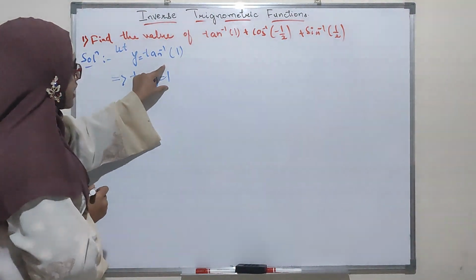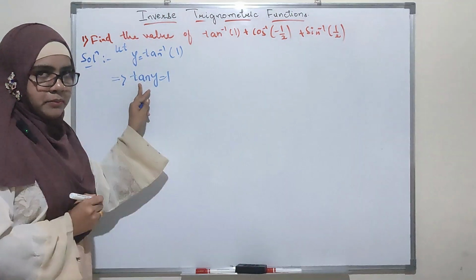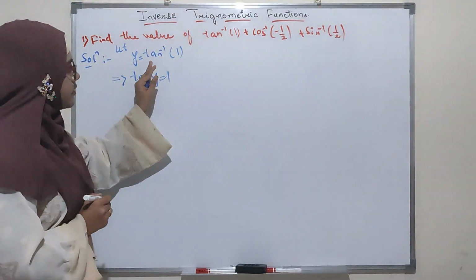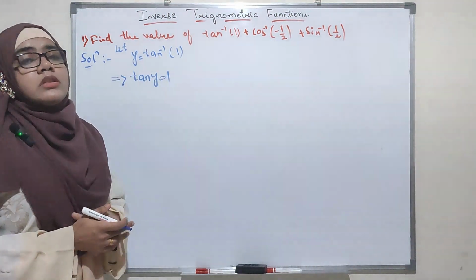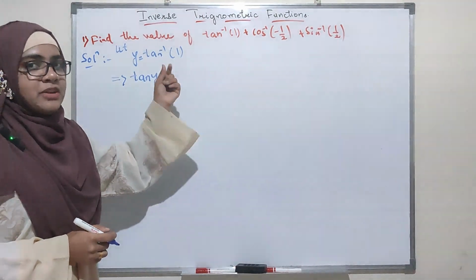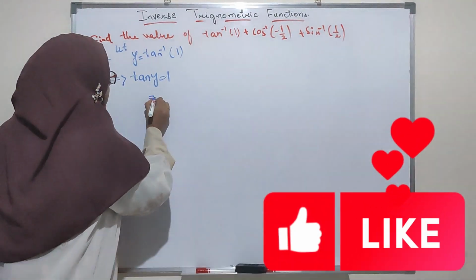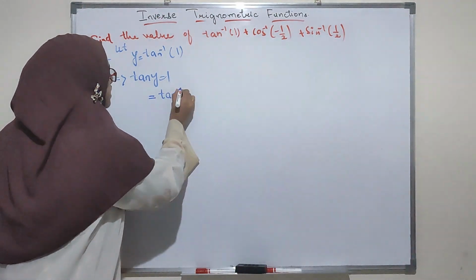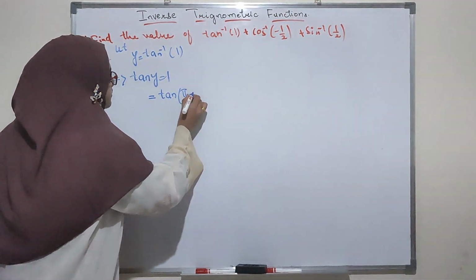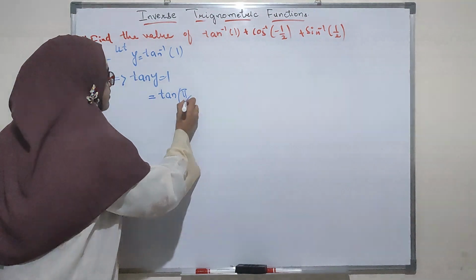We have to write 1 in terms of tan because our question is in terms of tan. So we know from the table that the value of tan 45 is 1. In terms of radian, tan 45 is tan pi by 4.